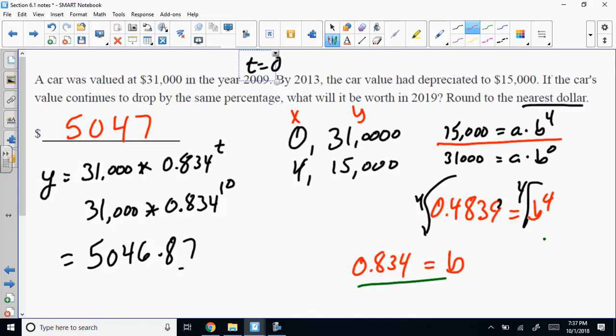Okay. Any questions? The 0.834, that's the percent remaining. If you go to 16% from, the 0.166 would have been the decrease, right?